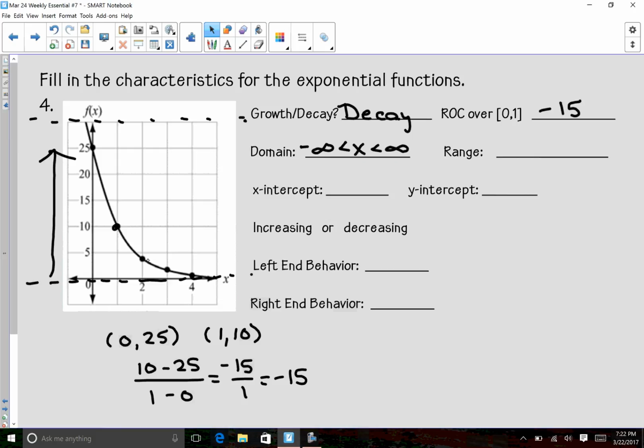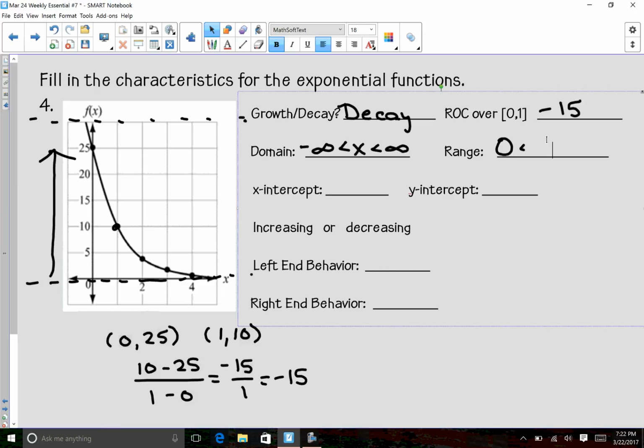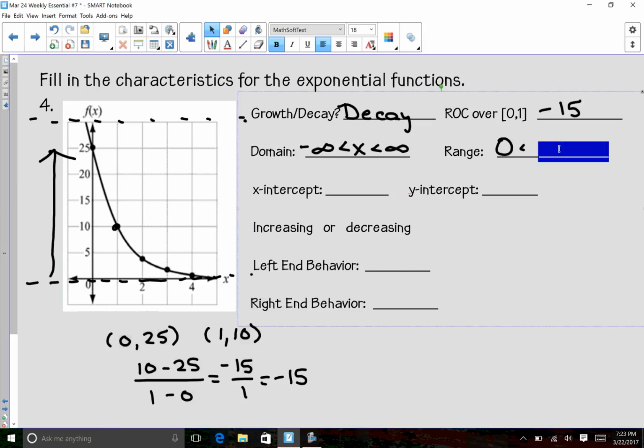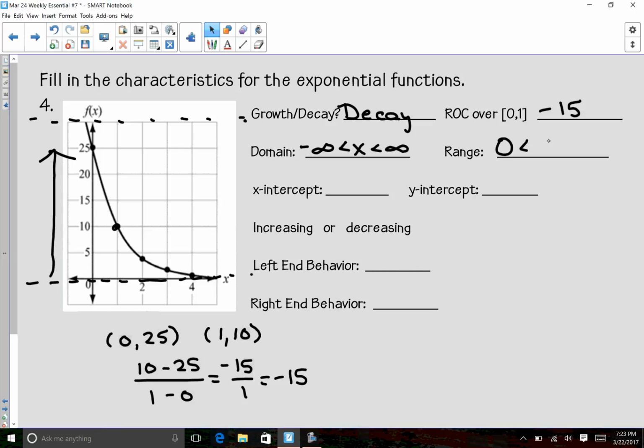It's approaching where y is 0. So the range is from 0, but it's not going to equal 0. It's going from 0, and then if you go to the top of your graph, there's actually an arrow there. So it's going to infinity. So my y's are going from 0 to infinity.